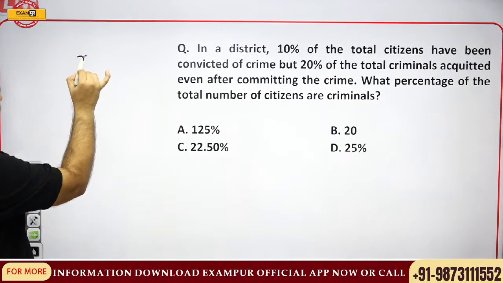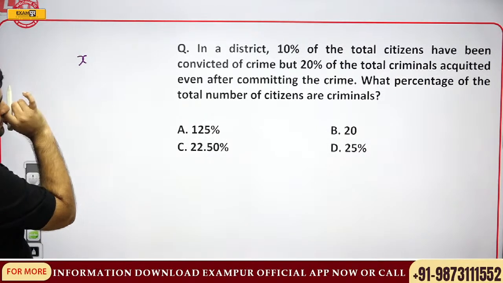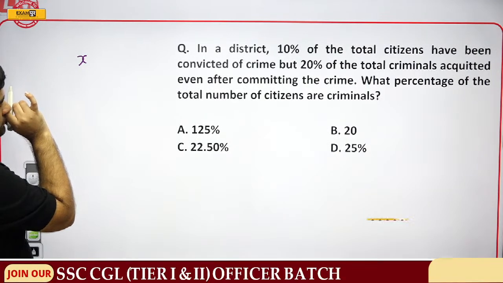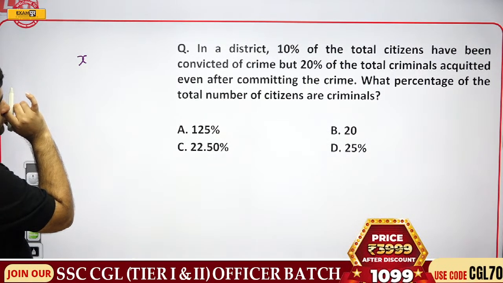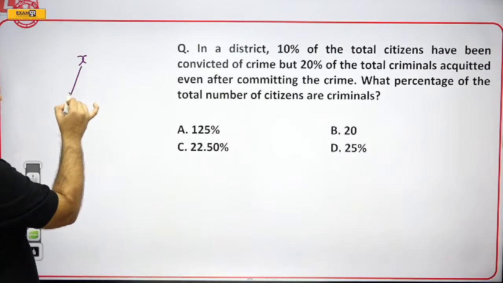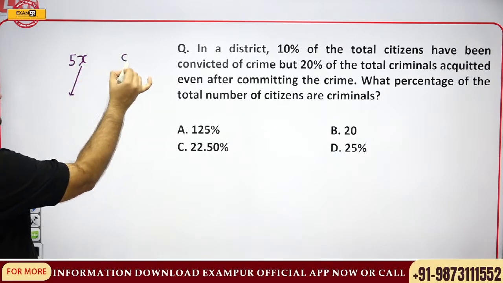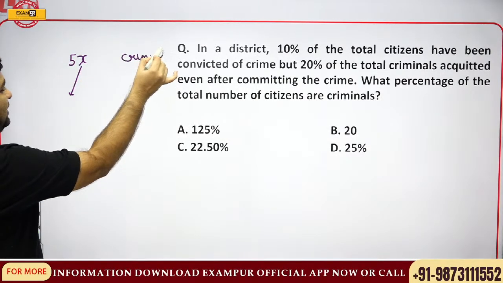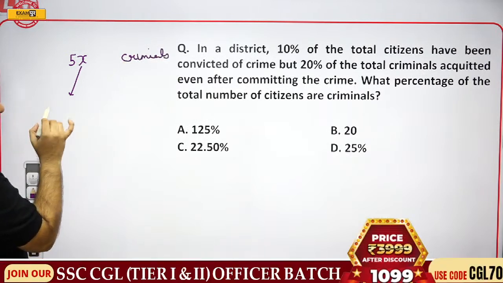Let the total criminals be X. 20%, or you can say 5X. Total criminals are 5X.